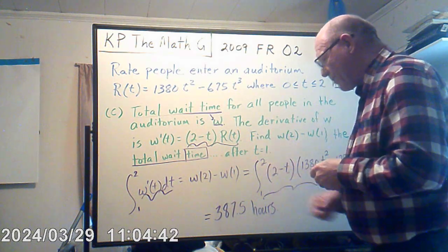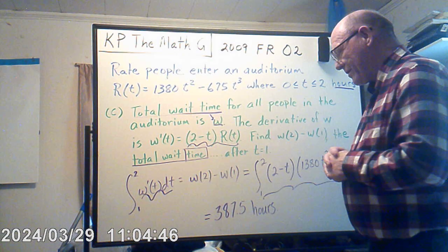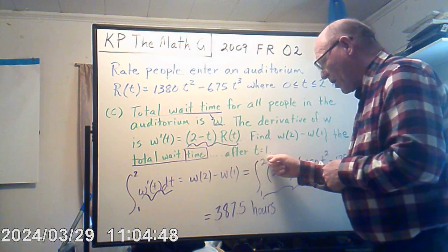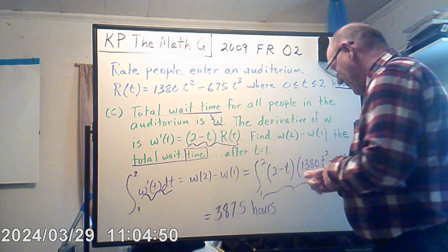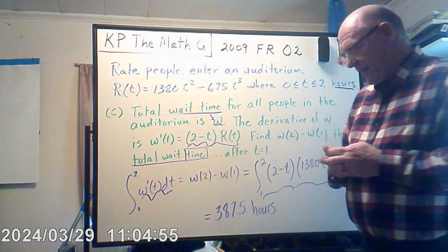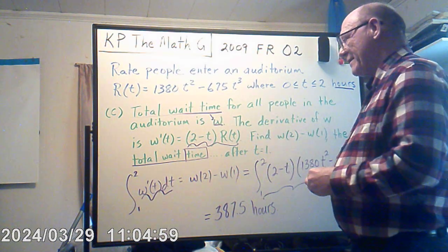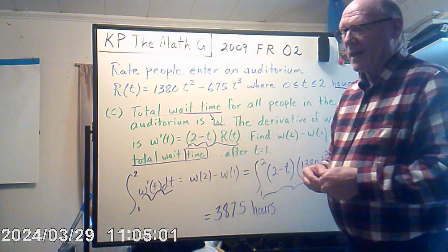You want to go from 1 to 2, not from 0 to 2, so after t equals 1. So there it is right there, 387.5 hours. That's everybody waiting. How much total wait time is that?